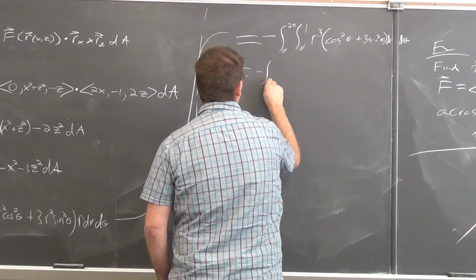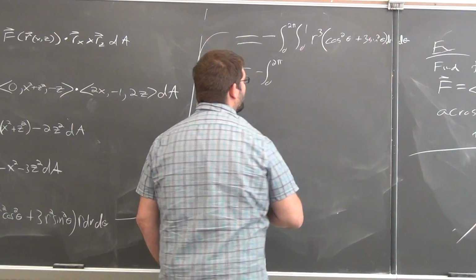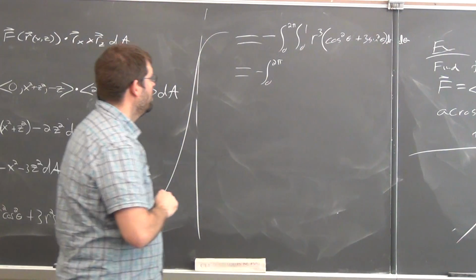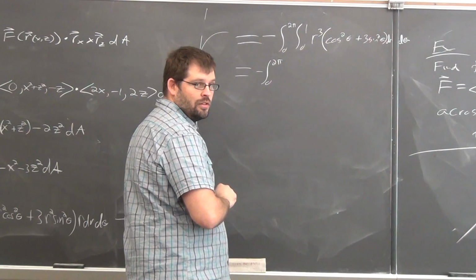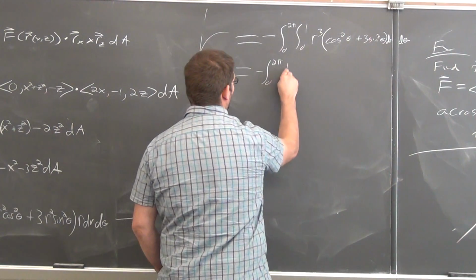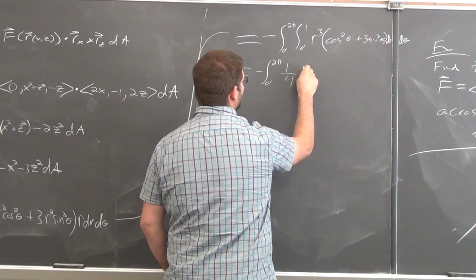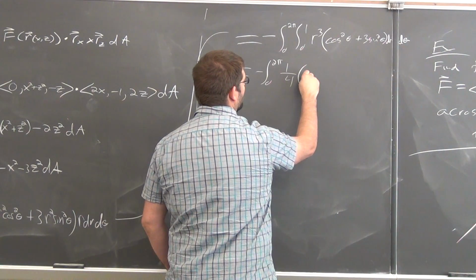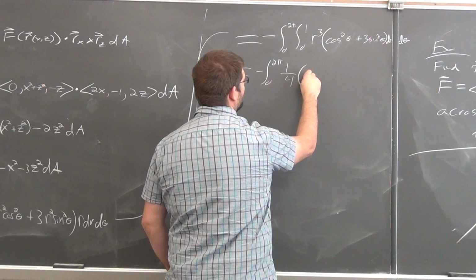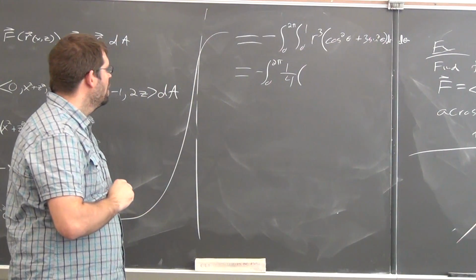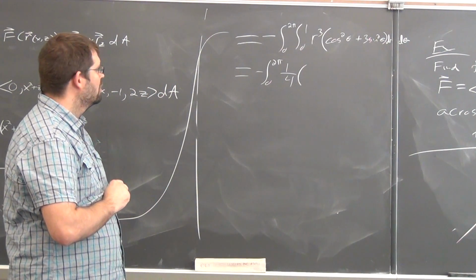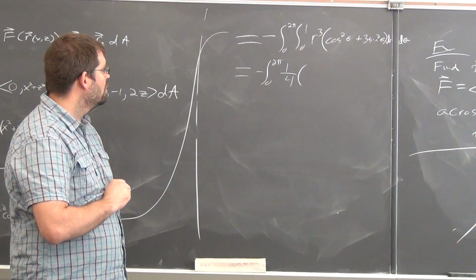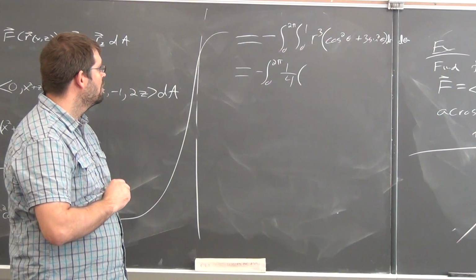With respect to r, we get r to the 4th over 4, so we'll just end up with 1/4, and then cosine 2 theta. Where are you getting that from? 1 plus 2 sine theta squared.